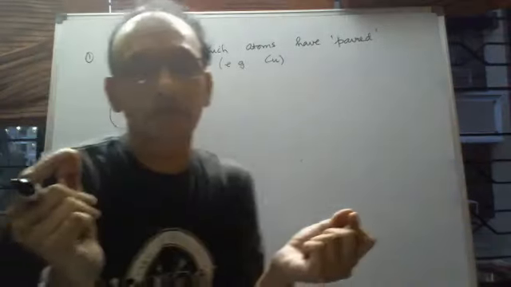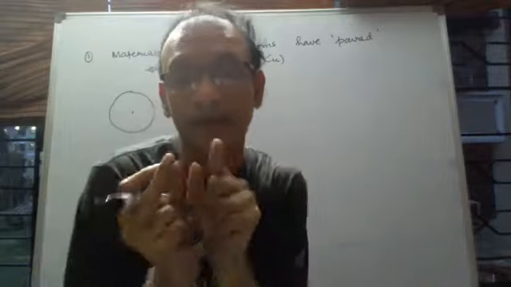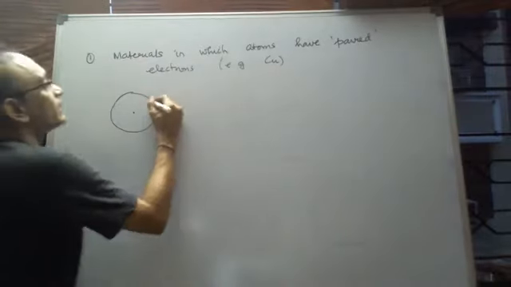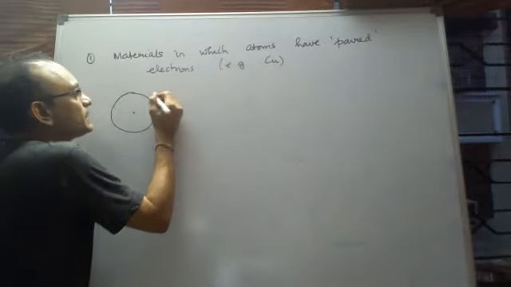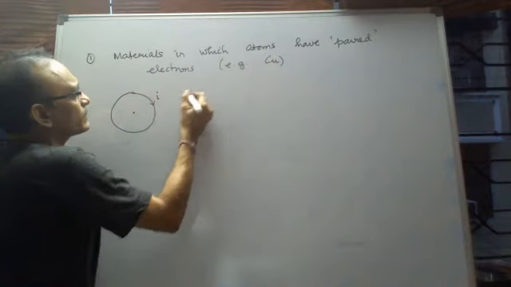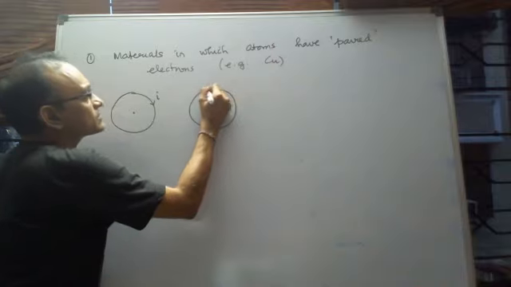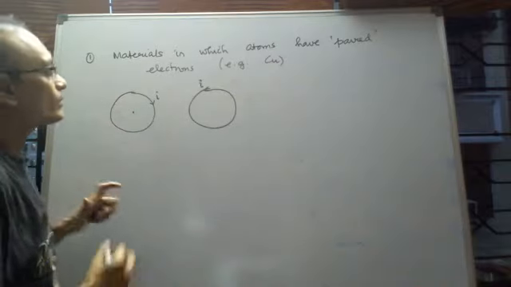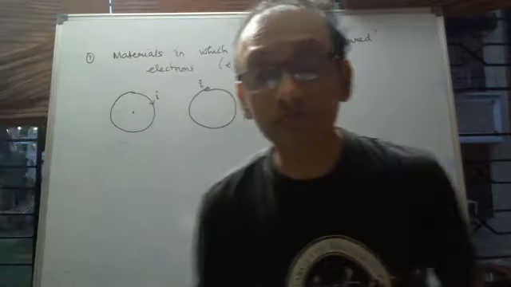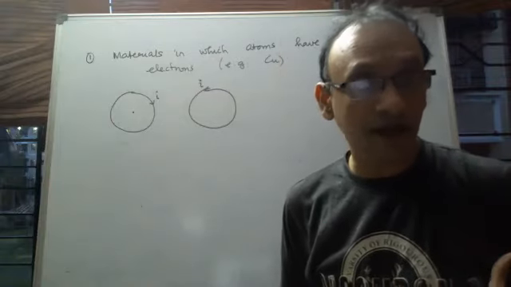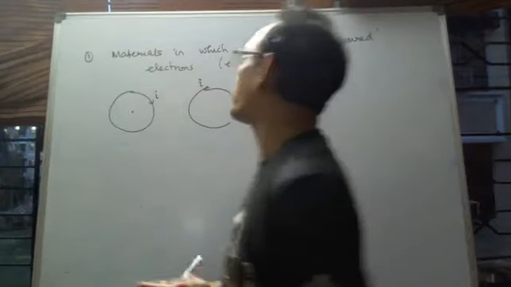Look at a pair of electrons in an atom. In that pair, let's say one creates a current like this, and the other electron creates an equivalent current like this. They spin in opposite directions.